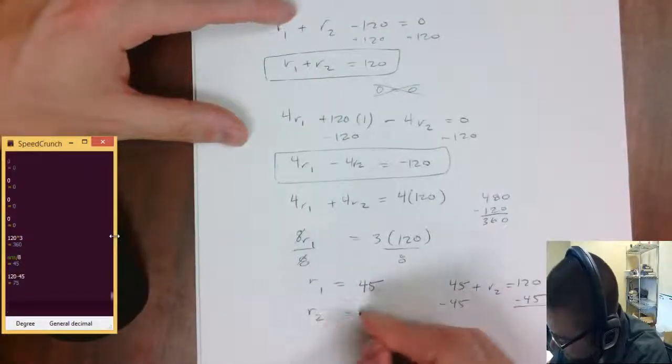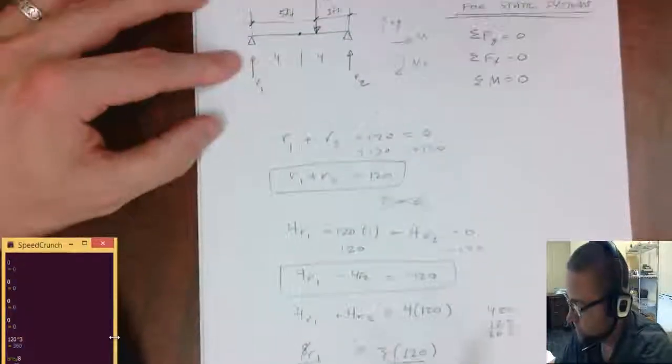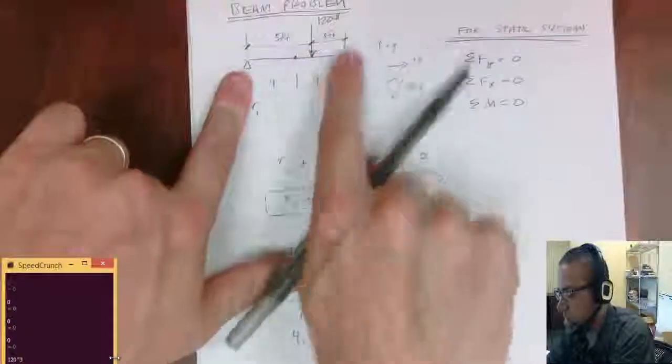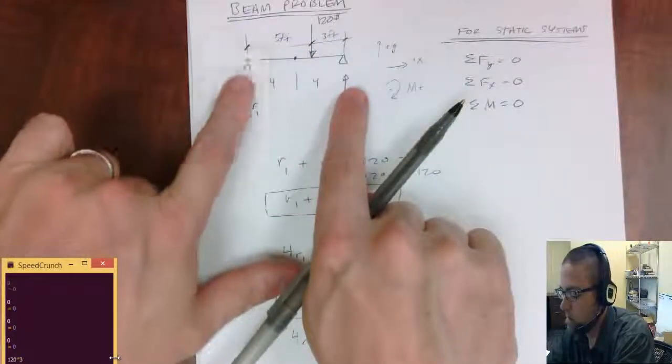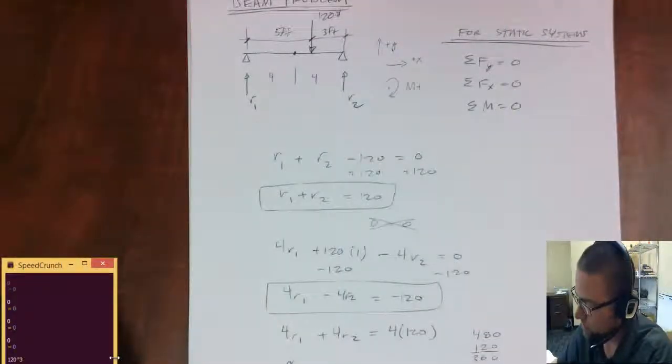So R2 is 75. This is my solution to the system. My reactions would be 45 on this side and 75 on this side. And that makes sense because this side would be taking more load than that side because the load is closer to it. Okay?